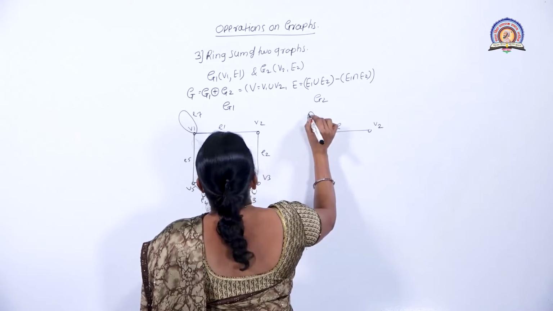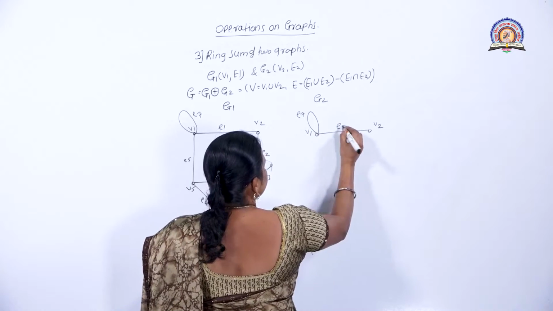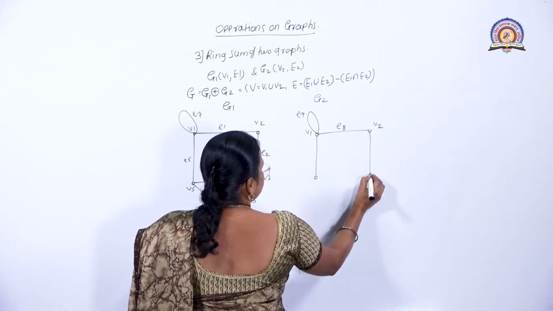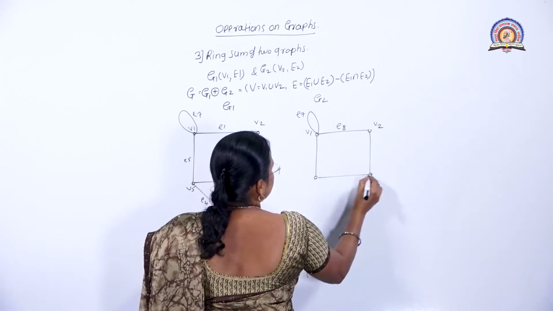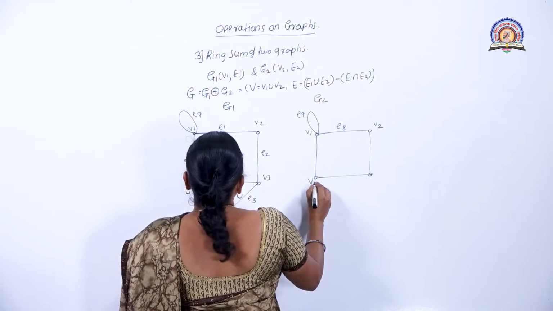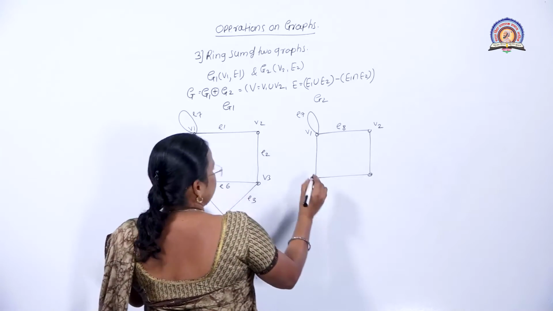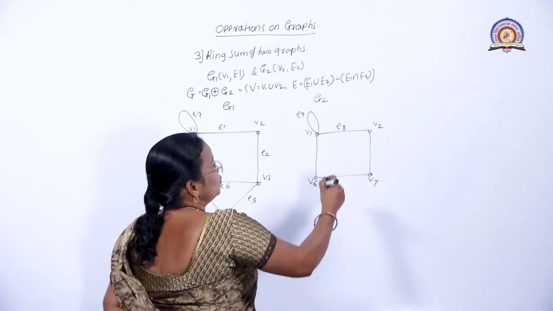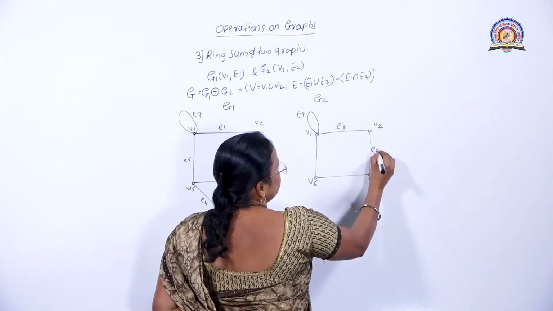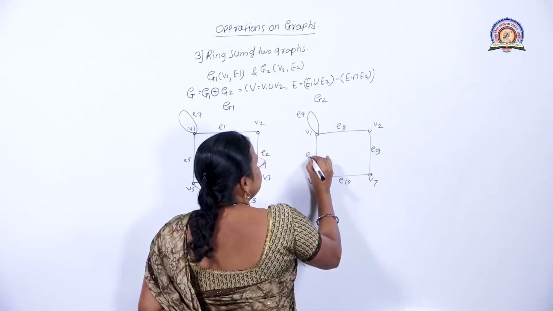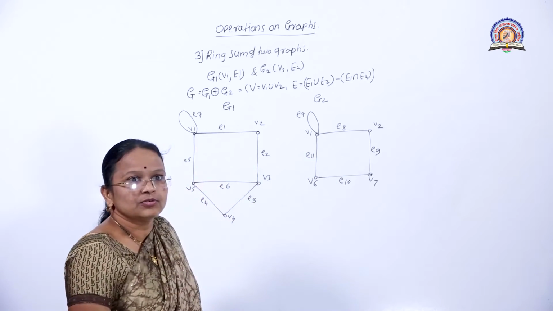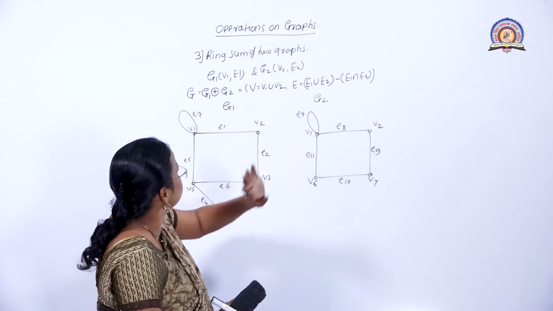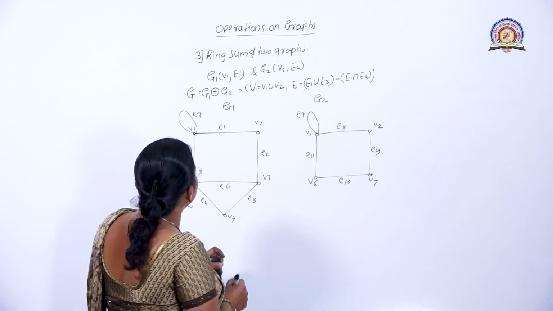Here I'll take E7, and suppose this is our E8. We add vertices like this, coming up to V5, then V6, V7. Now we add edges E8, E9, E10, E11. We take some common edges to both graphs. Here E7 is the only one edge which is common.